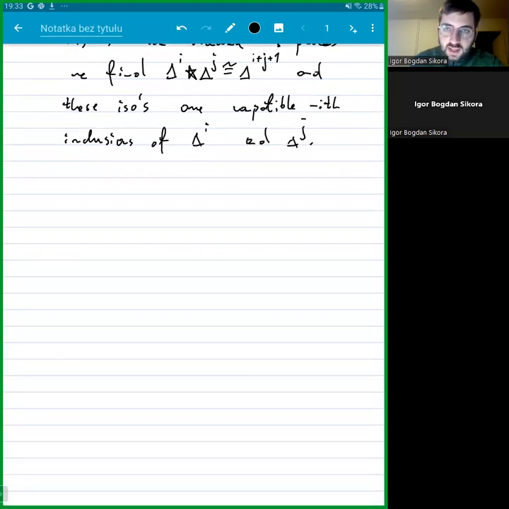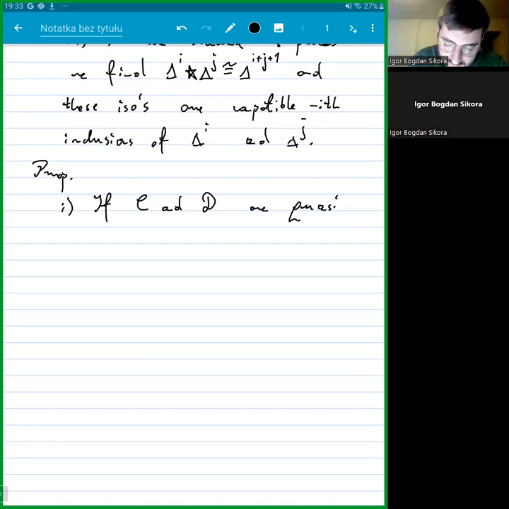Okay, and how the join construction works for quasi-categories. So it is a proposition. Firstly, if C and D are quasi-categories, then so is the join.